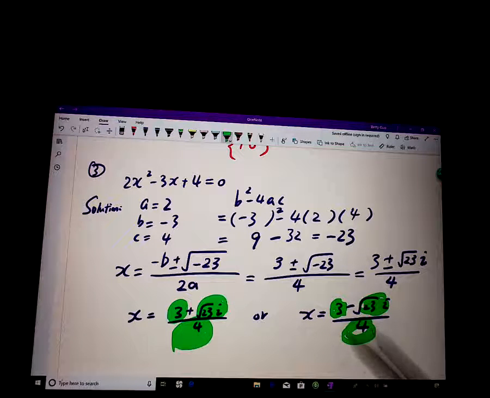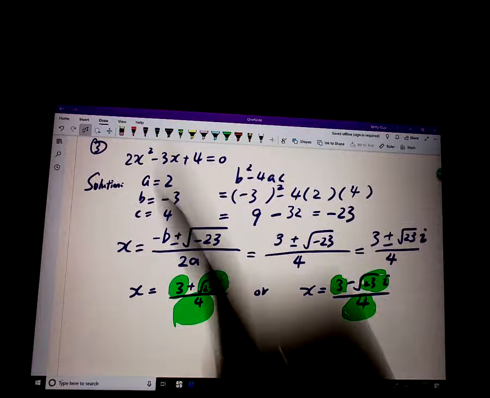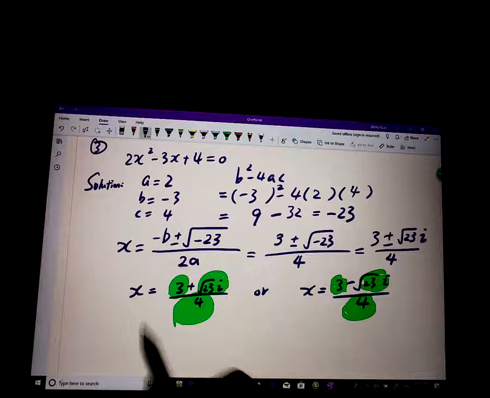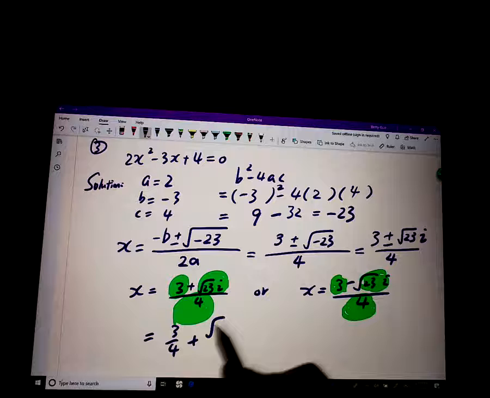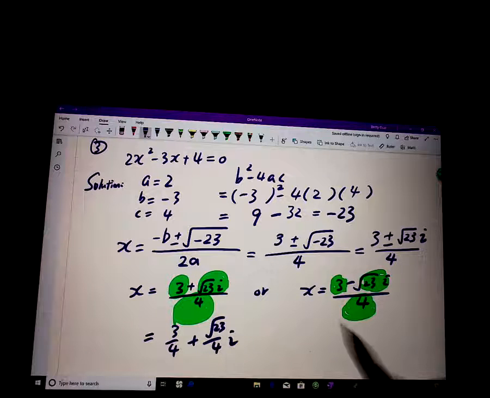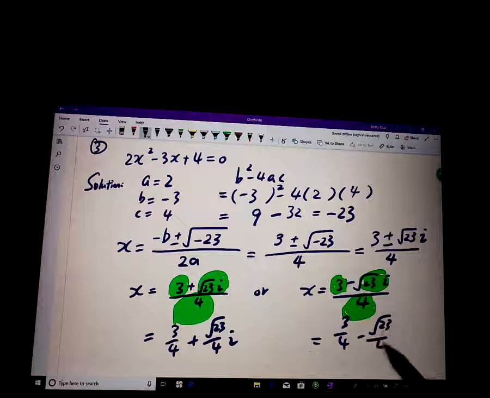Only if all three parts have the same factor are you able to cancel that common factor. Otherwise, please don't do that. You can also write the solution this way: 3 over 4 plus root 23 over 4 i. This one is 3 over 4 minus root 23 over 4 i.